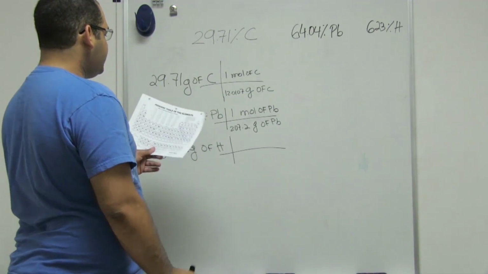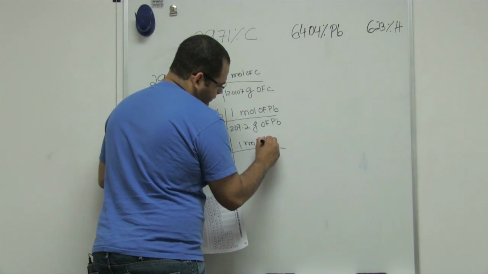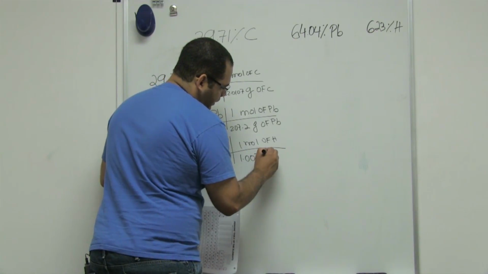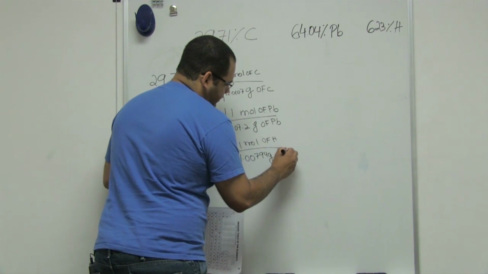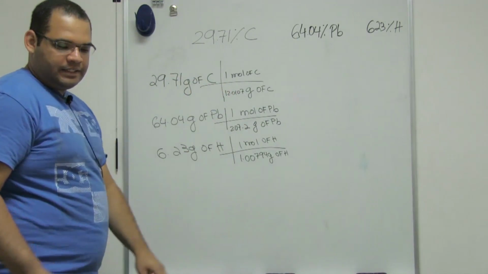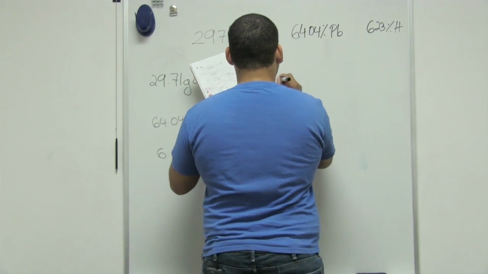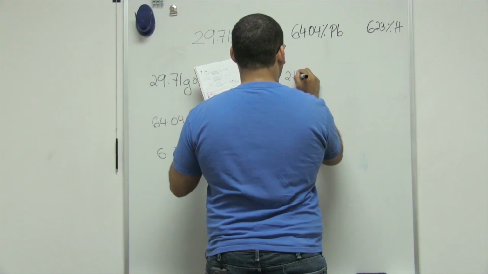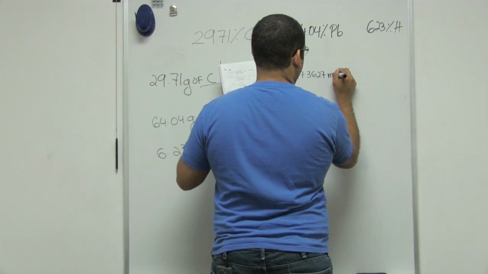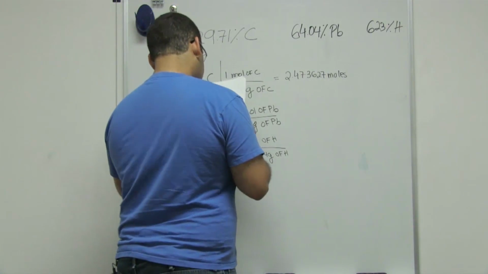And then I go for hydrogen, and I know that 1 mole of hydrogen has 1.00794 grams of hydrogen. And then I do the grams given divided by the molecular mass for each one. I already have that on here. So for carbon, if I do the calculation, I got 2.473627 moles.